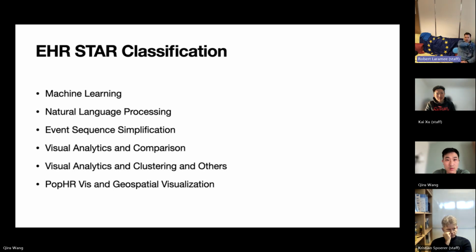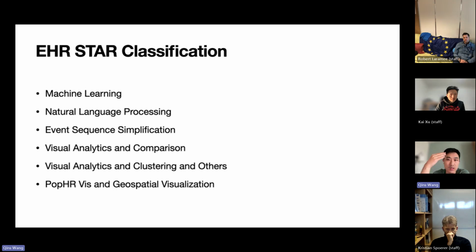Where do your contributions fit into these subsections? For example, does rlaramee fall into one of these subsections? I would say it falls under visual analytics and clustering and others, because during the EHR star research process, we discovered many papers that don't fit into any of those categories.